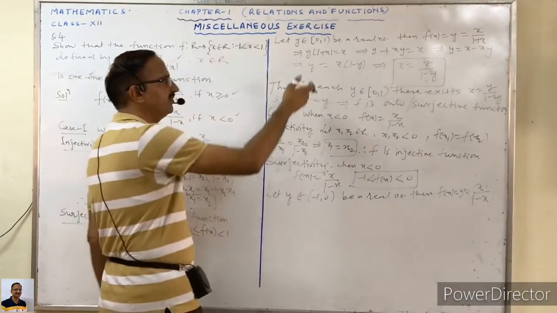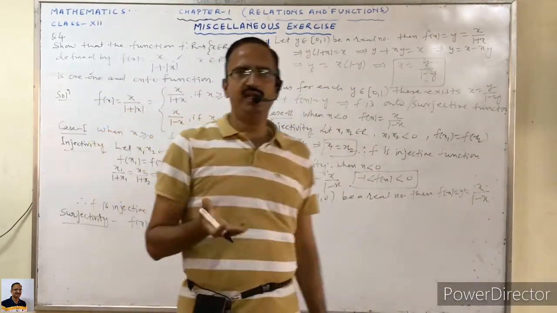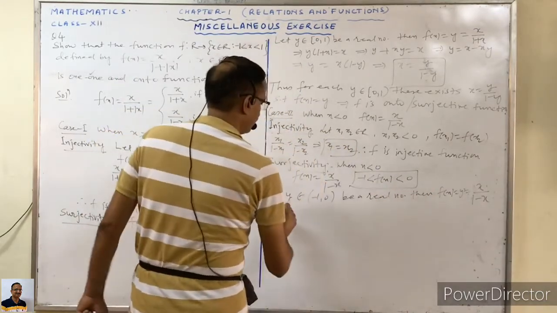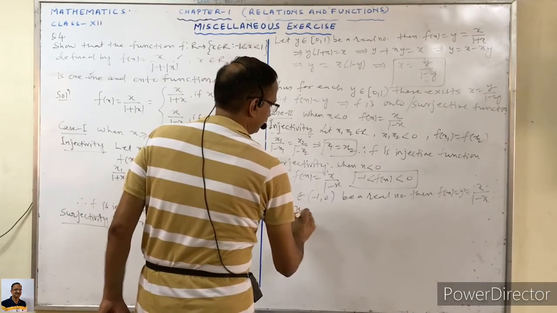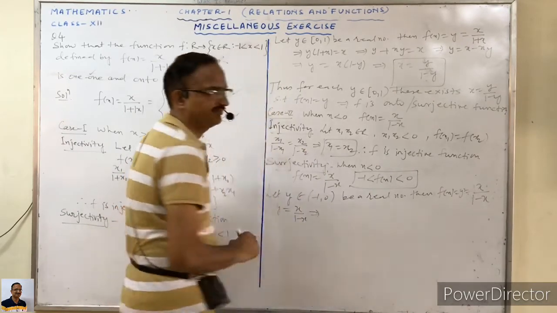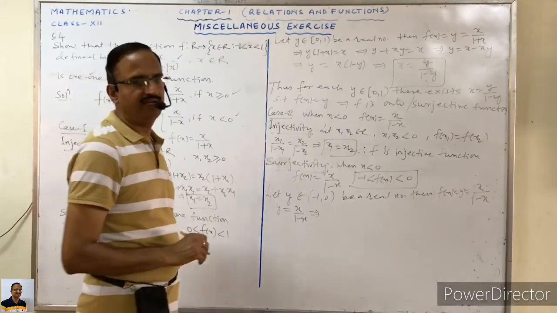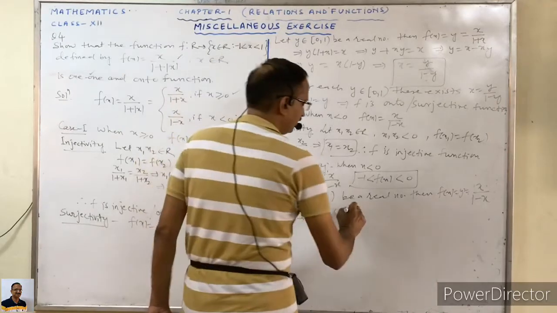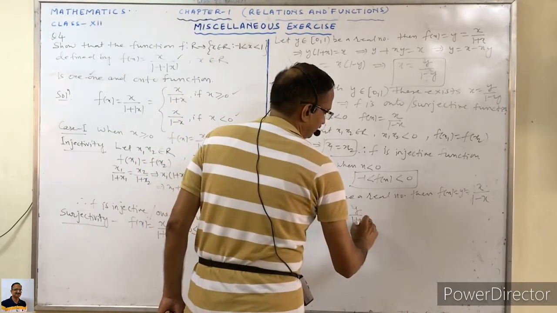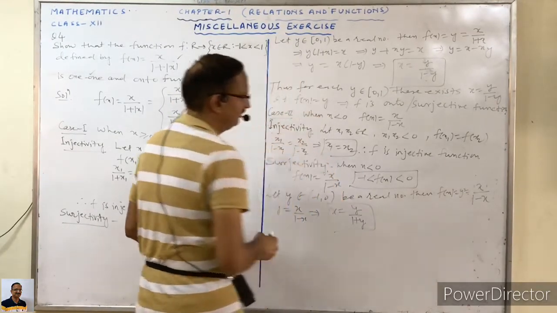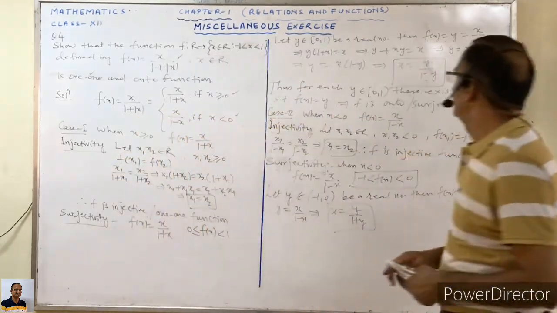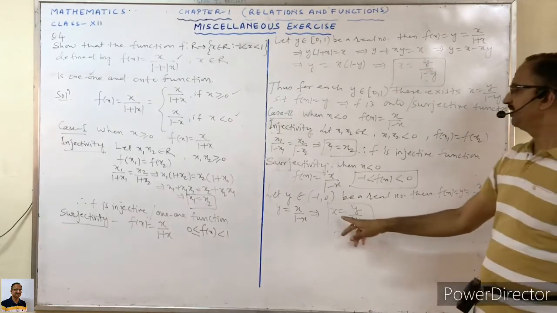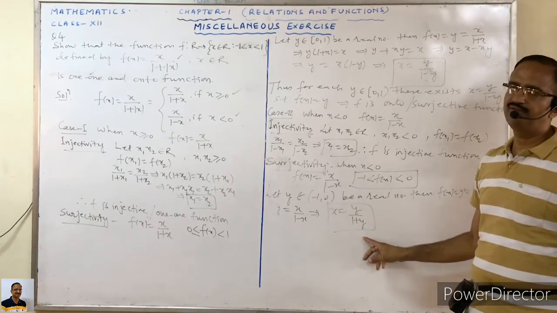We will apply the same method as we have done in the first case. After further simplifications, we will get x equals y upon 1 plus y. In the first case, we have x equal to y upon 1 minus y. In the second case, we will get x equal to y upon 1 plus y.